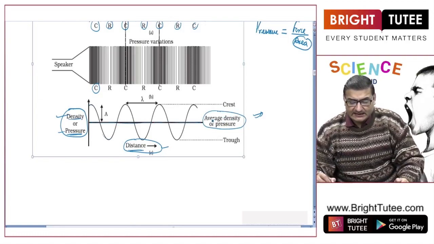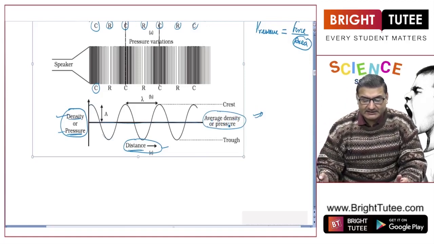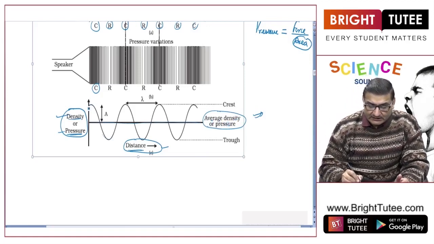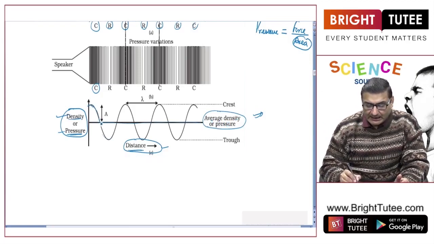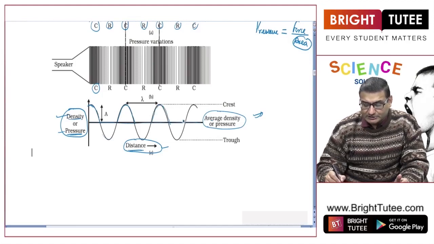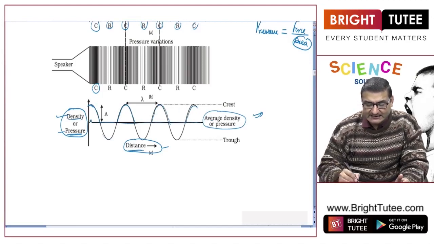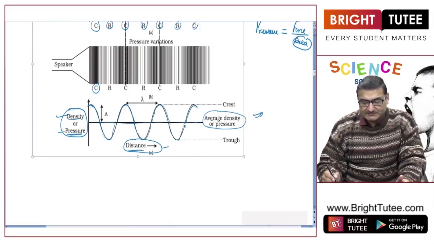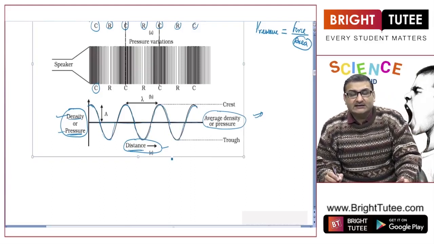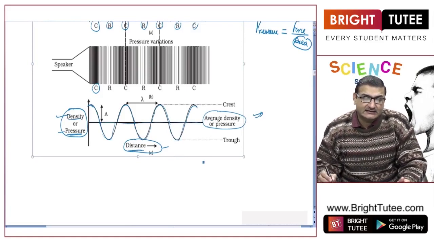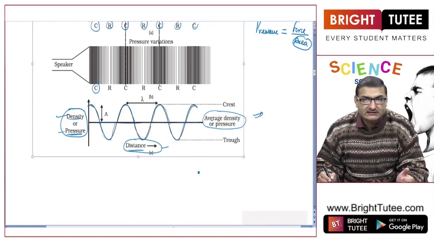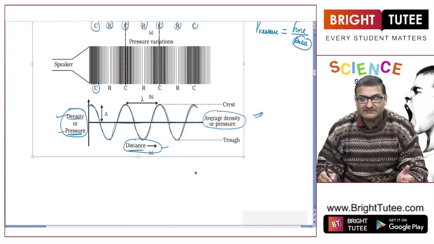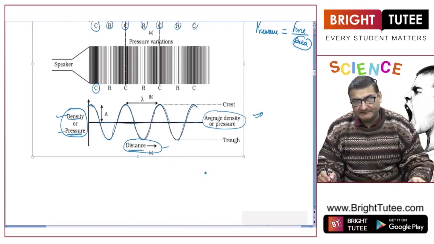The crest, or the hump, the region above this average density, shows that the density is increasing, whereas the depression, or trough, shows the density or pressure less than normal. So this is the graphical representation of how we can represent a sound wave. Got it?